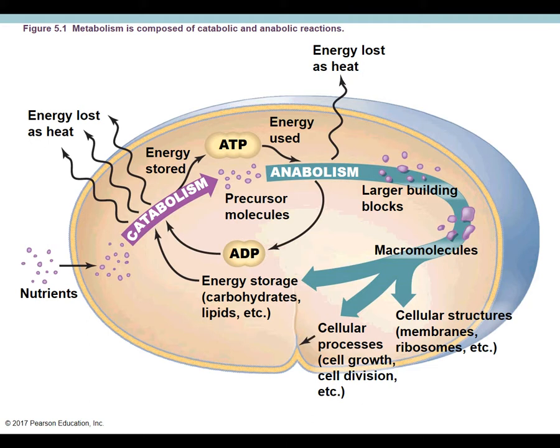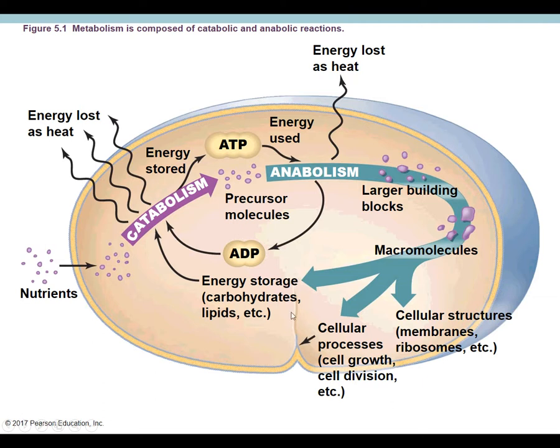So catabolism is respiration, breakdown of glucose. And that transfers some of that energy into ATP. ATP is used to build other things like macromolecules and then organelles, so the cell can increase in size and eventually divide. So here's the cell division here at the bottom center of this image.